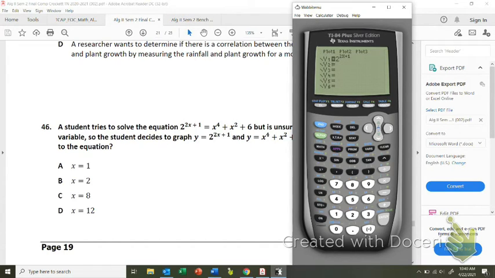The first one in y1 and the second one in y2. All right, then we're going to go to our table.